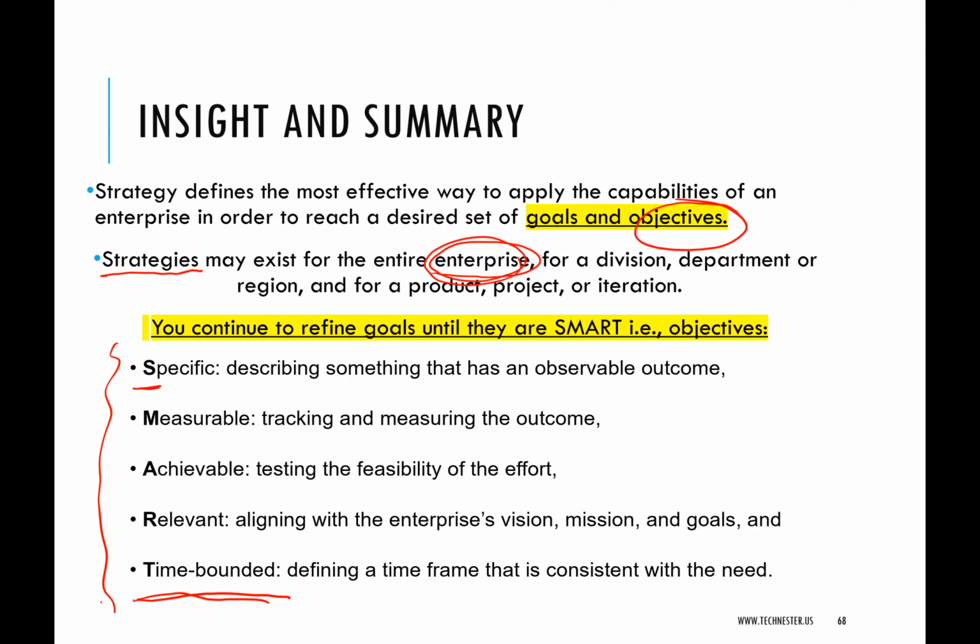So that goal of just increasing the number of students has become smarter. It is now measurable. It is now time bounded. It is relevant. It is specific, right? We know the students we want to increase, students in the age group 25 to 55. Those are our target market. So that's how you refine goals. When you have something clear, then you can proceed to the next phase.